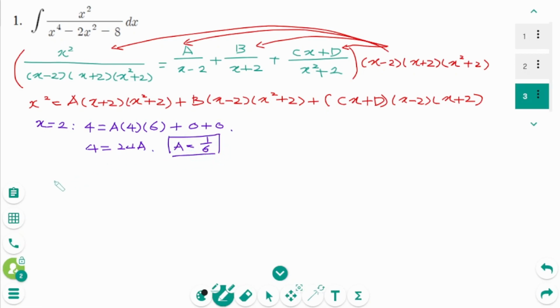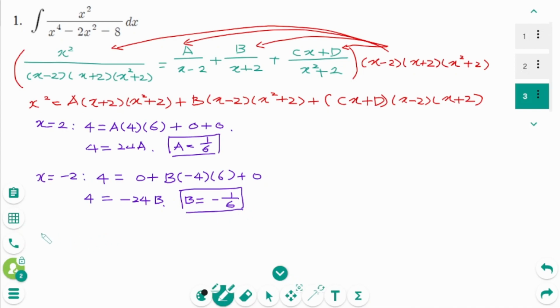To solve for b, if x equals minus 2, then minus 2 squared is 4. When x is minus 2, this part is 0, plus b times minus 2 minus 2 that means minus 4, minus 2 squared is 4 plus 2 is 6, plus minus 2 plus 2 is 0. Then 4 equals minus 24b. Then b is minus 1 over 6.